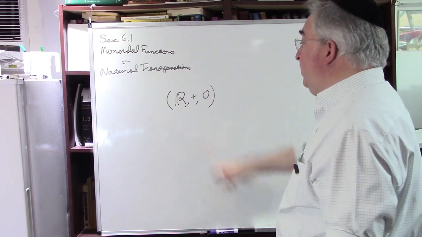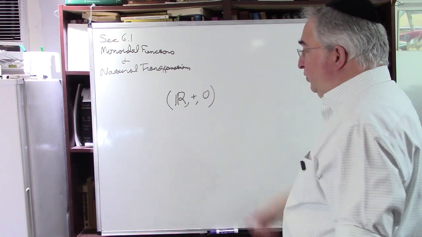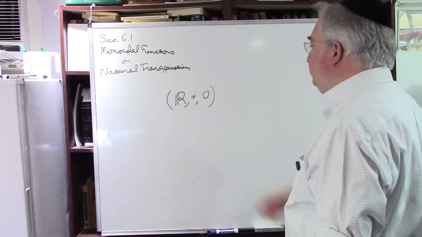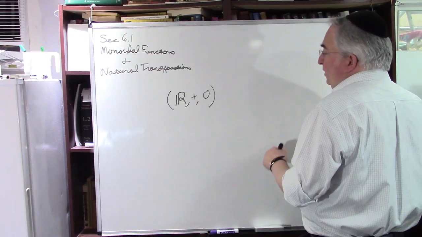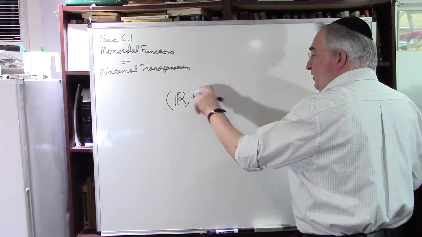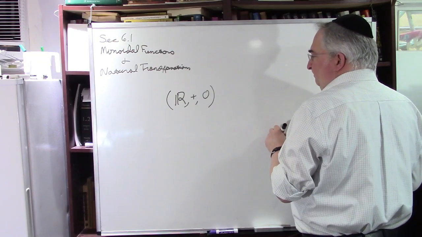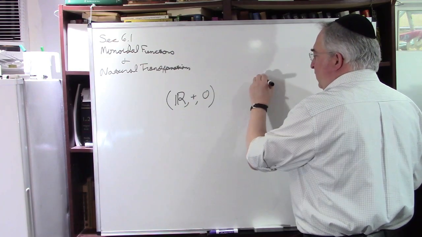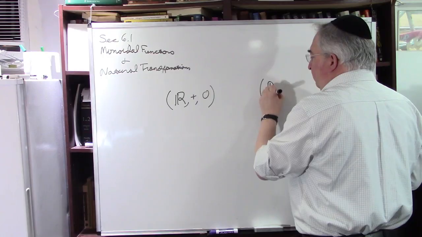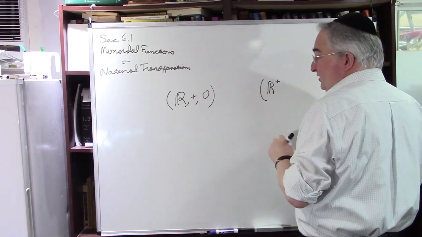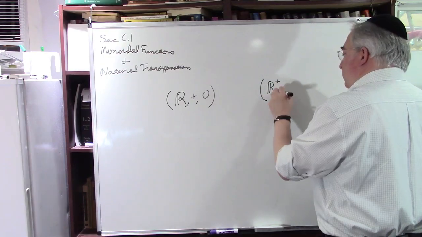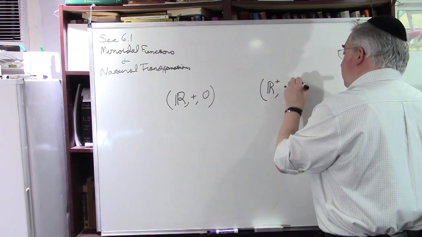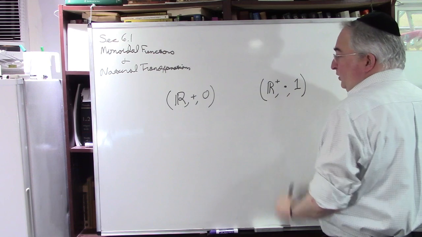That's a monoidal category. You can think of this as a totally ordered category. And you can add two real numbers, and when you add 0, you get it back. By the way, that's a strict monoidal category. Okay, the plus is strictly associative. You also have R plus, that's the positive real numbers, with multiplication, and 1, the unit here.